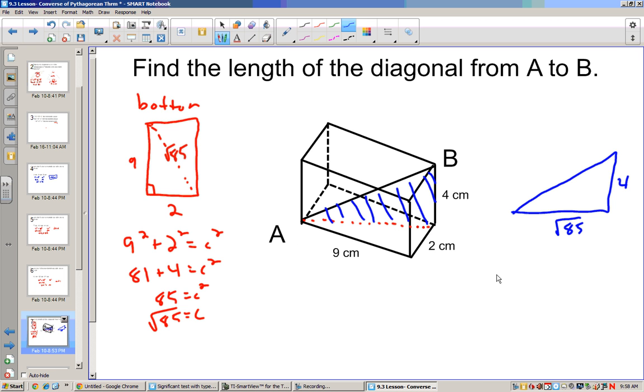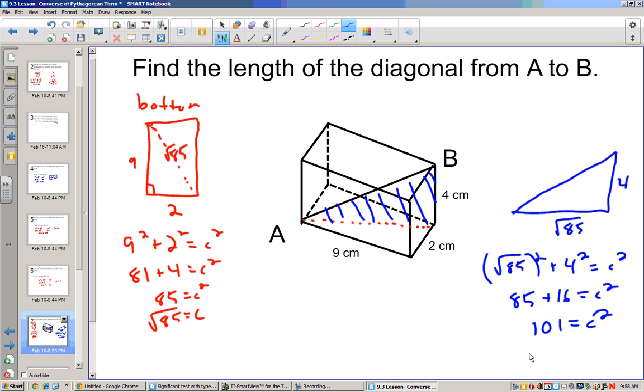Now to find my hypotenuse, I'm going to take root 85 squared plus 4 squared and equal that to c squared, which is 85 plus 16, which is 101. Now I take the square root of 101, which we can't simplify, and that's going to be my distance from A to B. Square root of 101 centimeters. So square root of 100 is 10, so just a hair above 10 will be the distance from A to B.